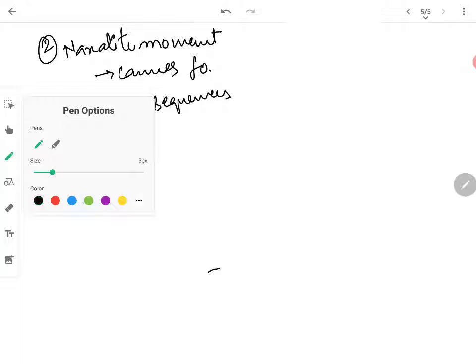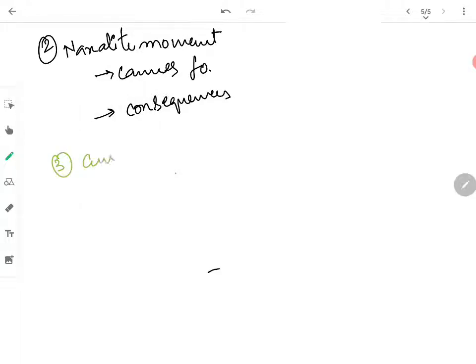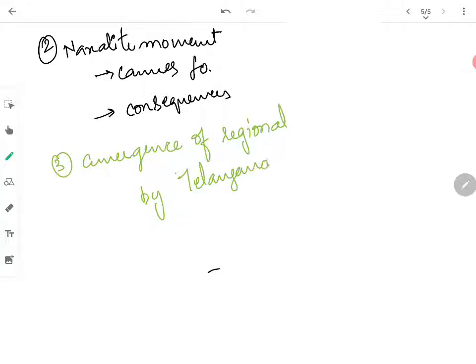And then the next chapter, which is the emergence of regional parties. That is, there were many parties formed by Telangana people in order to ask for a separate Telangana, or Telangana people ruling themselves.